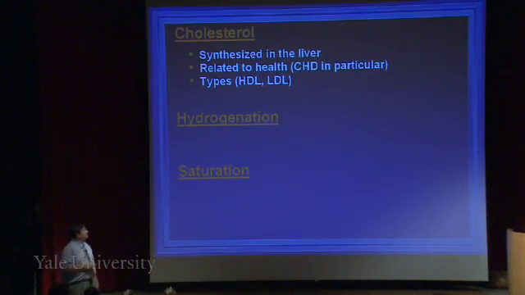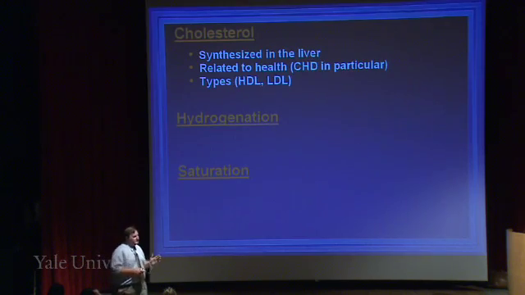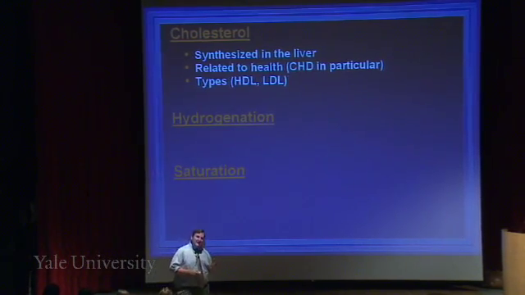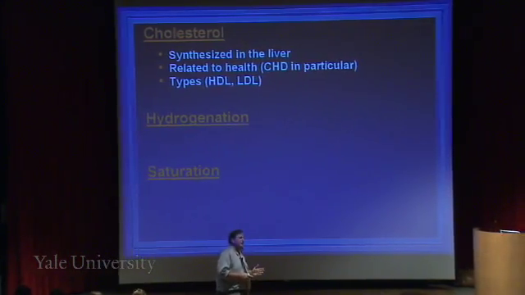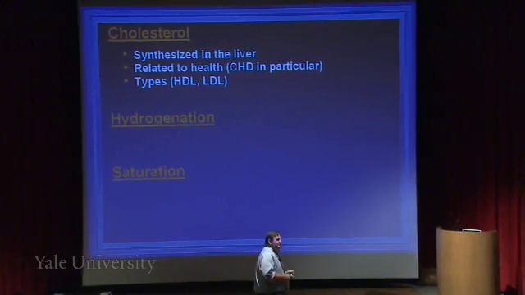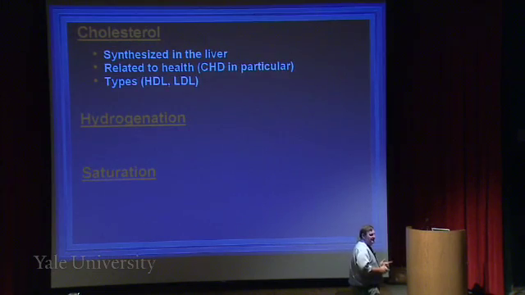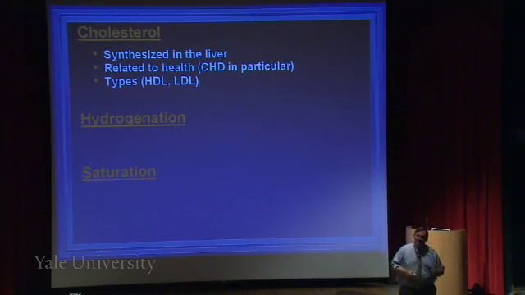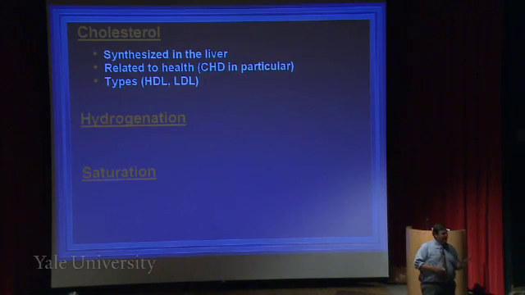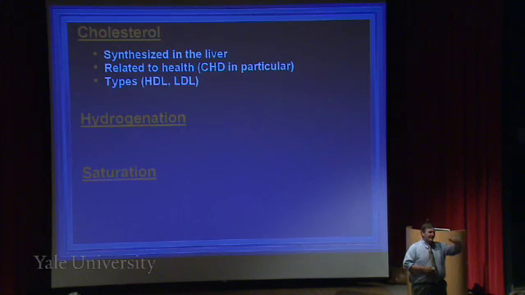There are different kinds of cholesterol, and the first cut that people made at this was saying that there are things called HDL and LDL, which are high-density lipoproteins and low-density lipoproteins. It was a major discovery when scientists in the last century found that HDL is good and LDL is bad, because people always thought high cholesterol is bad, low is good.